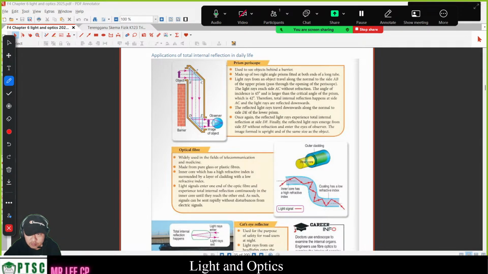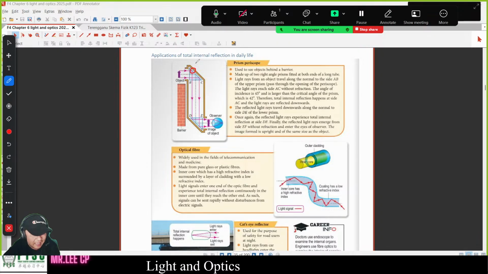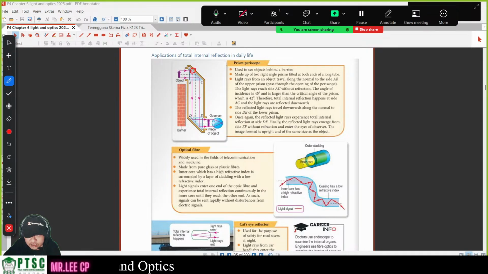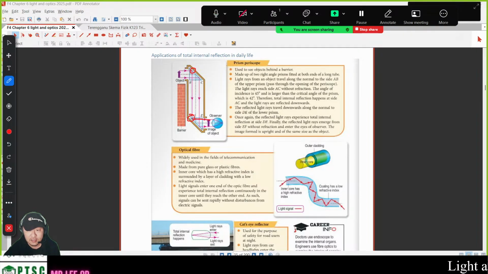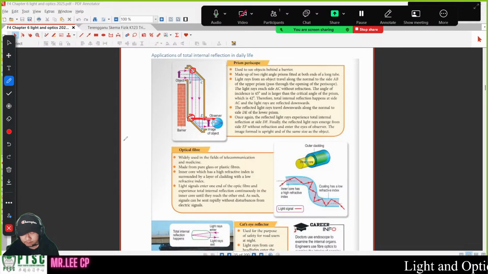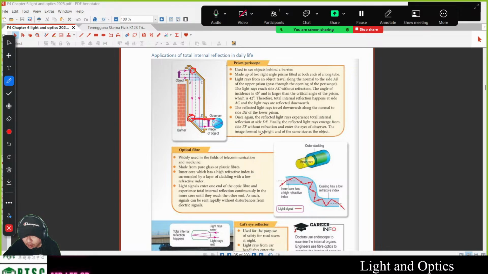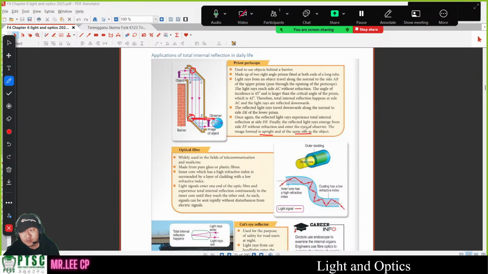Meaning that it undergoes total internal reflection at this point. Until here, total internal reflection occurs here. So that you will see the image here. Okay. And then what you need to know is that finally the image formed is upright and the same size. Upright and same size. Okay.